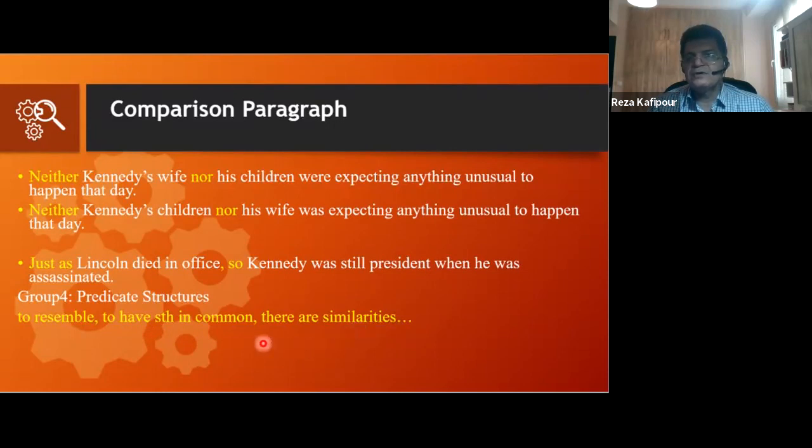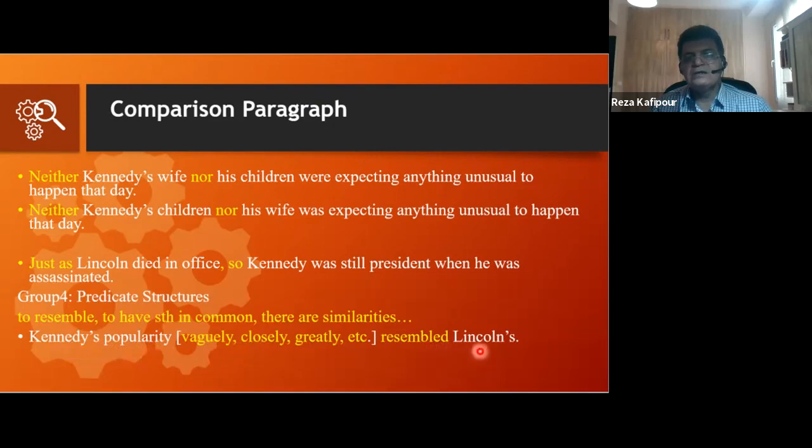So let's see how we can use them in examples. For example, here, again, for the verb, we may use a degree of comparison, for example, closely, greatly, unclearly, vaguely, or any adverb that refers to degree of comparison. Here we say Kennedy's popularity closely resembles Lincoln's.